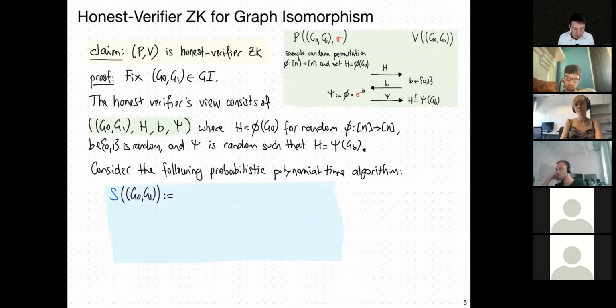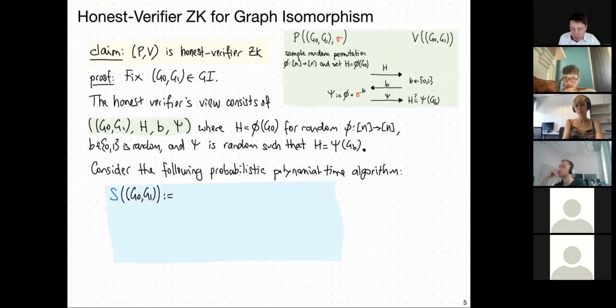And now all we really need to do is to write down a simulator that, given G0 and G1, given that they are isomorphic, will produce a tuple that is so distributed. Now notice that we cannot, as a simulator, just perform the same operations as the honest prover, because look, if I sample phi and I apply phi to G0 and I send H, and then I sample B, how on earth am I going to produce psi?